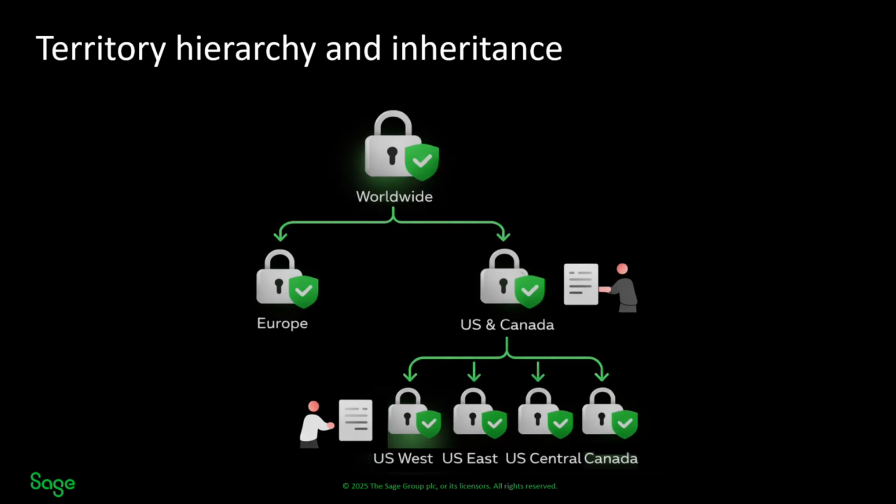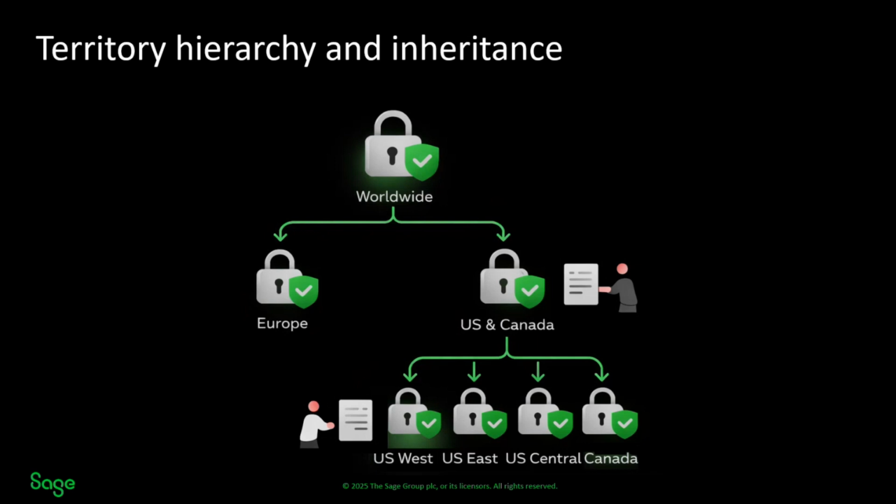So somebody who's given rights over a parent territory can see all data in the child territory. So if we think of a user like Susan May, who is a sales manager, who is in the demo data, is assigned to US and Canada, she would be able to see down not only in the US and Canada territory, but she'd also be able to look down into the US West, US East, US Central, and Canada.